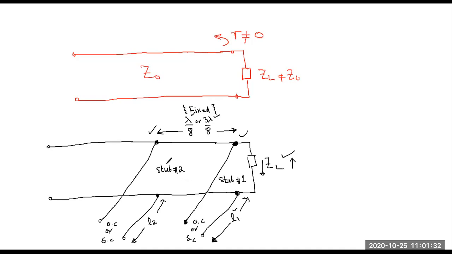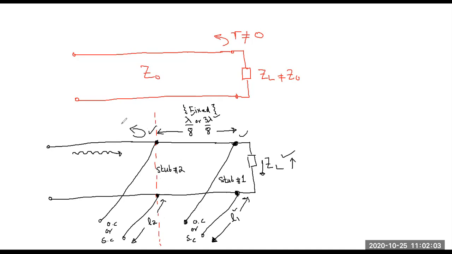Okay, and the idea is similar. Why have we connected these two stubs? Because we want that any signal coming from this side, when it reaches this point, the input point of the stubs, will feel as if there is a matched load connected on the right side.